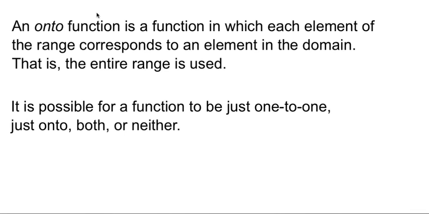You don't skip anything. Now, it's possible to have a function that's just one-to-one. It's possible to have it be just onto. It could be both one-to-one and onto, or it could be neither one. And we're going to look at some examples of those ideas.